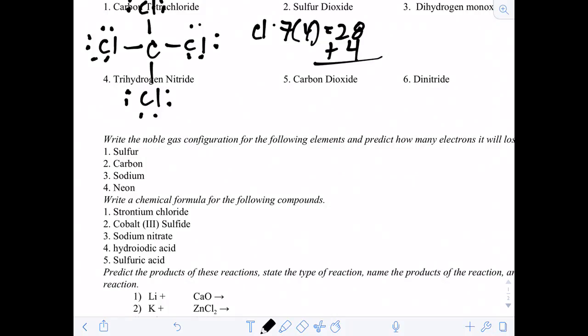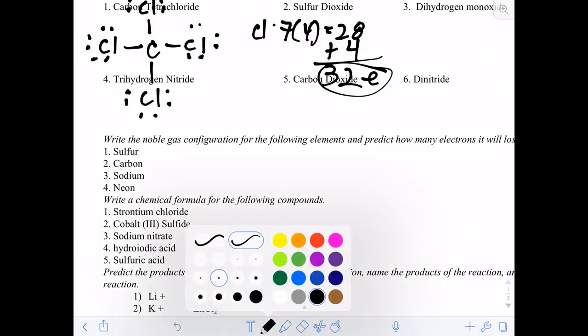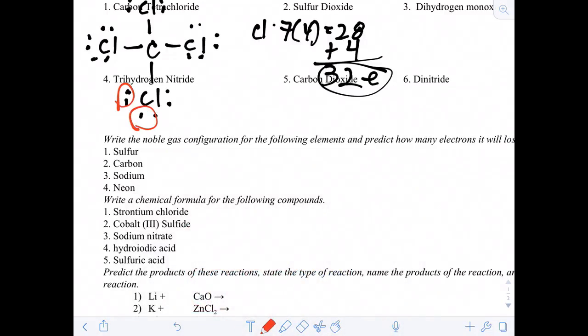So I should have a total of 32 electrons. Let's count them up. 2, 4, 6, 8, 10, 12, 14, 16 at the top, 18, 20, 22, 24, 26, 28, 30, 32.